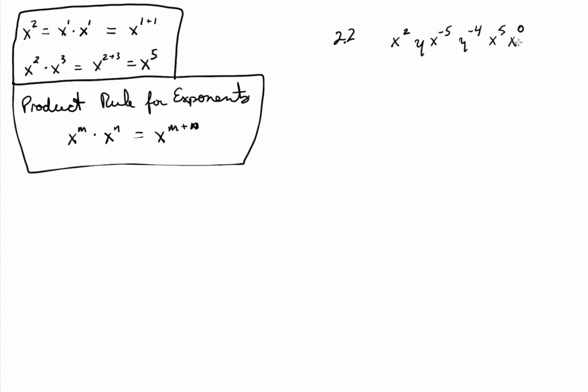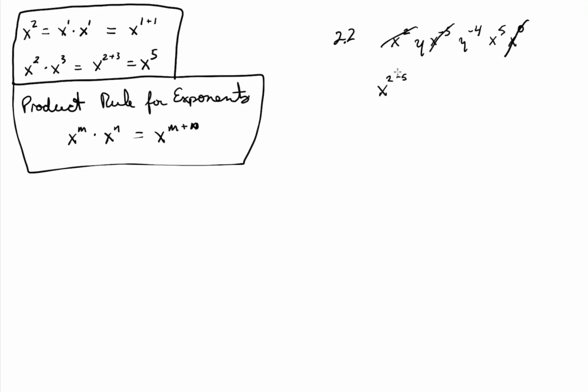Who remembers what x to the 0 is? x to the 0 is 1. So we can cross it out from the very beginning. If you have x to the 0, you just chunk it. You don't even have to write it down. So now we have to deal with these. So we have x to the 2nd, x to the negative 5th.